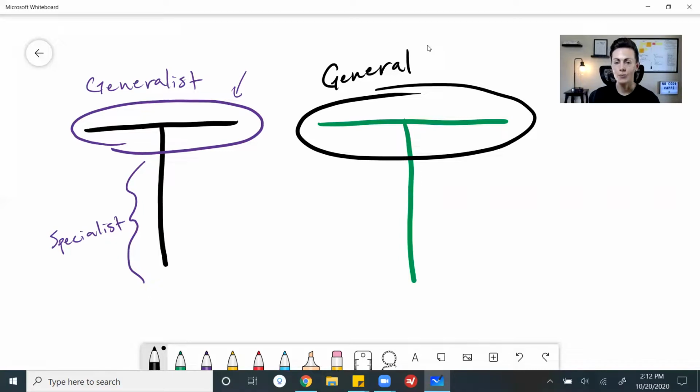Now, that's really, really important because it gives you perspective. Now, what that allows you to do is it allows you to pinpoint a specific segment of the market within your industry. Okay.